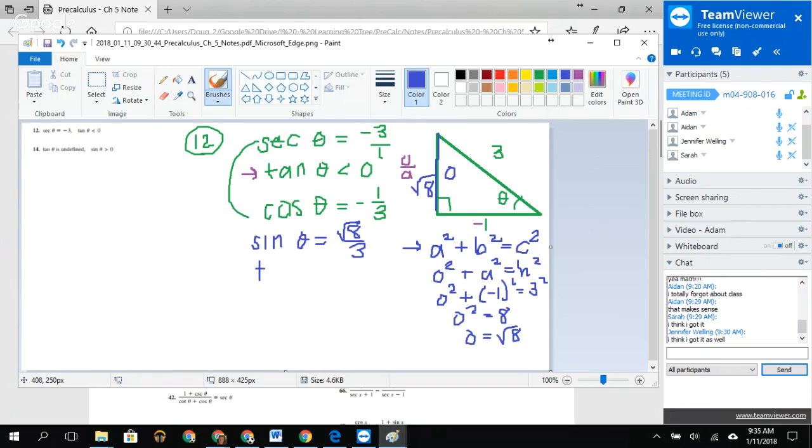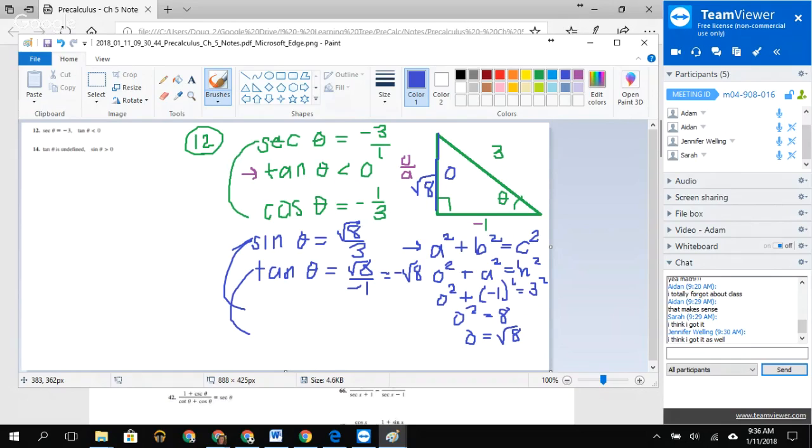The tangent of theta is our opposite over our adjacent, so it's going to be square root of 8 over -1, or negative square root of 8. And I'm not going to take the time: if you want to do the reciprocals, we're obviously going to flip the numerator and denominator and then do some work to get the square root of 8 out of the denominator.